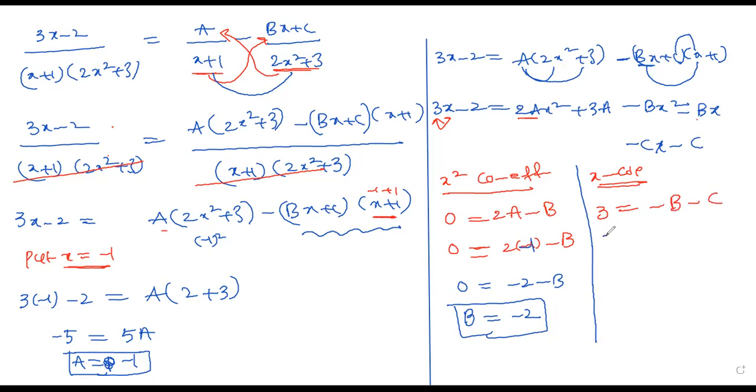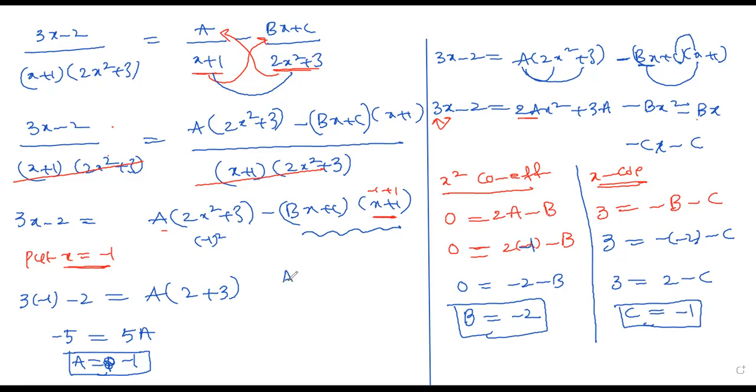Now 3 is equal to, b value is -2, so minus of -2 minus c. 3 is equal to 2 minus c. What do you get for c? -1, because 2 comes to this side, 3 minus 2 becomes 1, but with the minus it becomes -1.